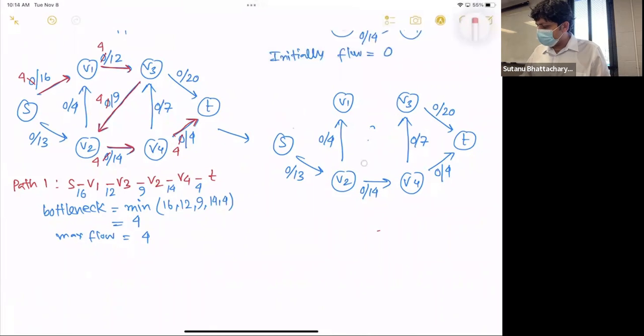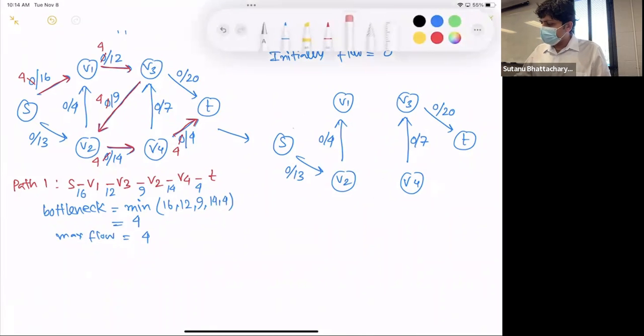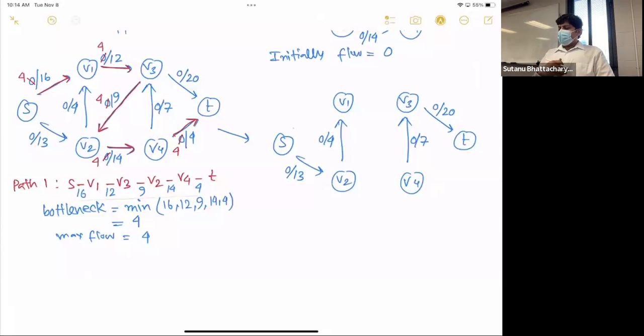The rest would be the same, no change. Okay, so S to V1, what is the current flow? 4.